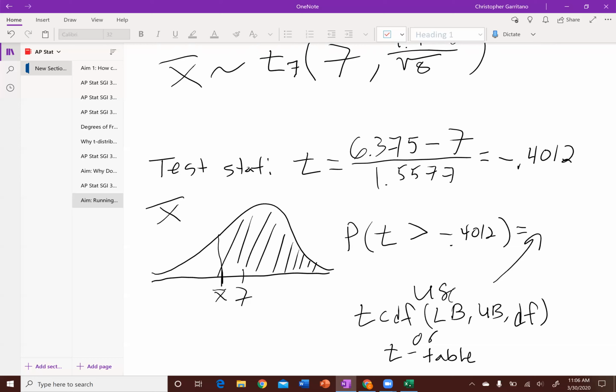And this leads to a p-value of 0.6499. Okay. So there we have it. Please, please, please use your calculator to try to find, or the t-table to try to find this p-value.